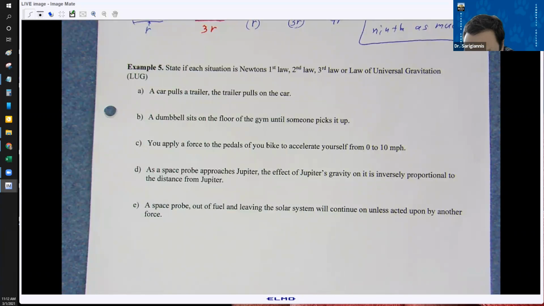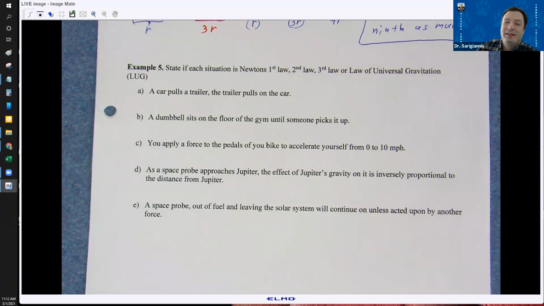Let's see, we got Newton's first law, second law. So Newton's third law, action-reaction pair. That's the correct answer. A car pulls a trailer, the trailer pulls on the car. So that's every action, there's an equal and opposite reaction, right? The car pulls on the trailer, the trailer pulls on the car.